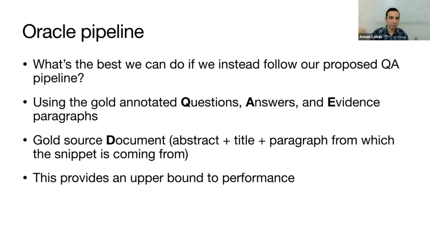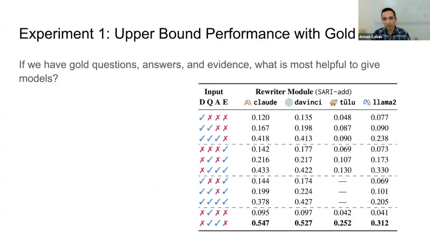So now the question is, what's the best we can do if we completely follow our proposed QA pipeline? Assuming we have the gold questions, the gold answers, and gold evidence, how does the model do? So we did this experiment by giving the model the gold questions, gold answers, and gold evidence to see which information is most useful.